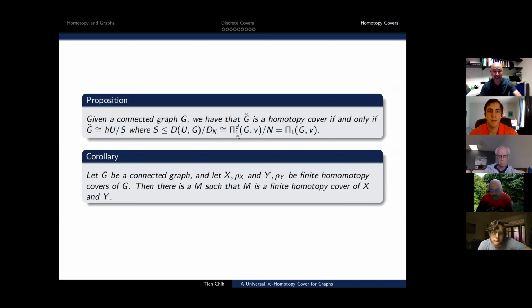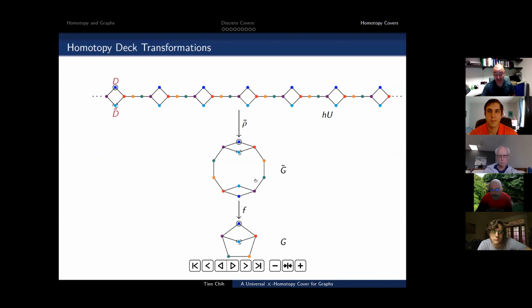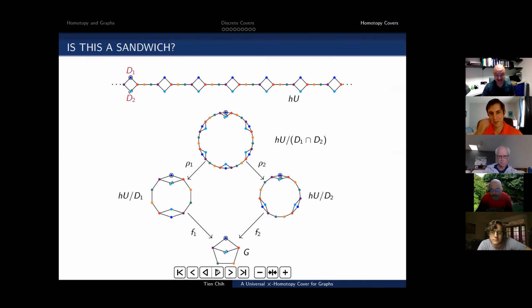And so there is also a finite homotopy cover, just like there was a finite regular cover if you have mutual homotopy covers. And I have lots of animations here that I would have shown, as well as important questions to be posed.